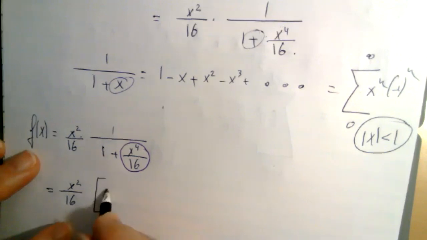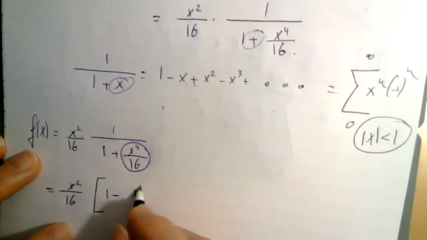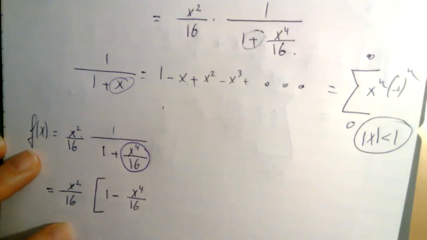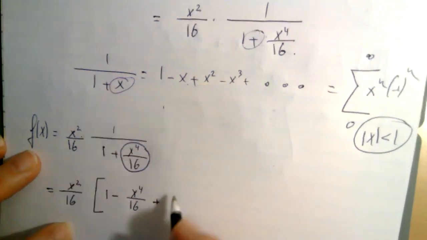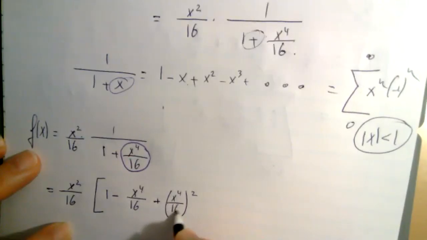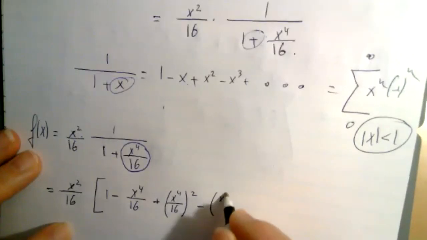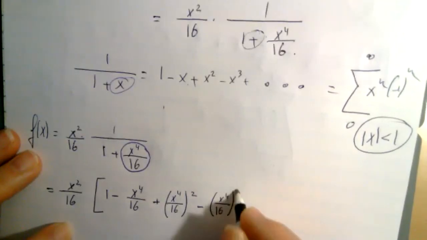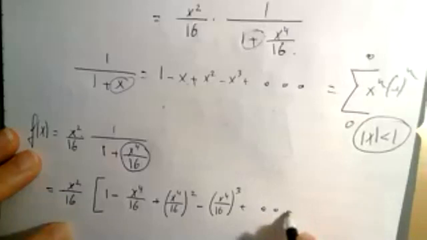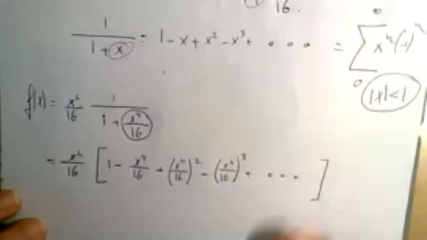It's going to give me 1 minus, instead of the x, it's x to the 4 over 16, plus, instead of x squared, it's x to the 4 over 16 squared, minus x to the 4 over 16 to the power 3, plus etc. Okay, and I always write it in both notations.